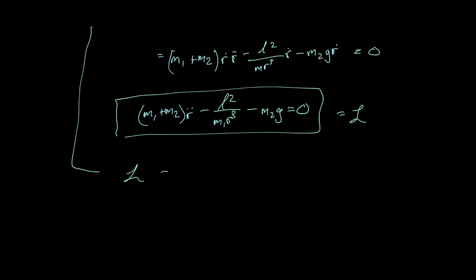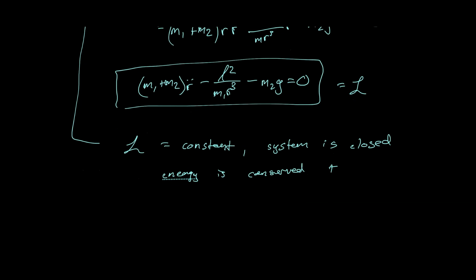And what that tells you is that the Lagrangian is constant, which means that the system is closed, energy is conserved, and linear and angular momentum are conserved. And that's it.